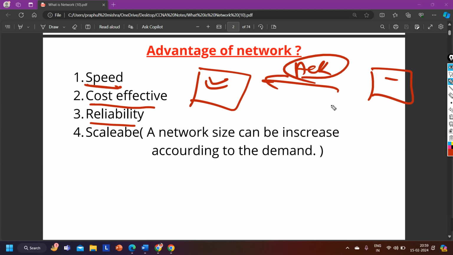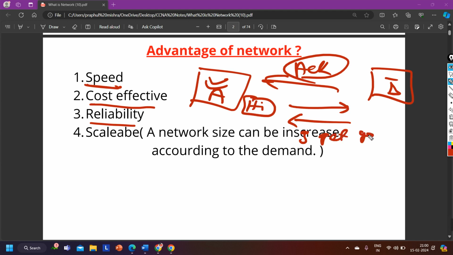Guys, there are two types of communication: reliable and unreliable. Reliable means getting an acknowledgement of the data, and unreliable means not getting an acknowledgement of the data. Let's say this is machine A and this is machine B. From machine A, I am sending one data, hi, right? Machine B will send me yes, or this machine can say I got your hi.